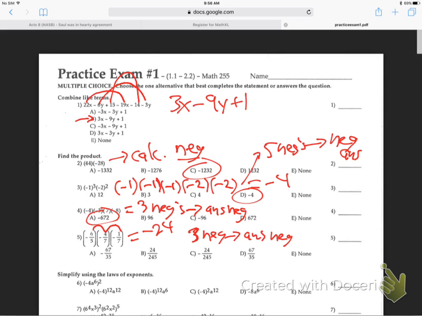It doesn't matter where you put the negative, top, bottom, whatever. Now, how do you get the bottom? 5 times 7 times 7 is some big number. 245? Question: you know how you have to make them the same?